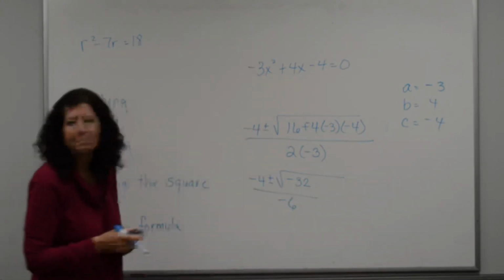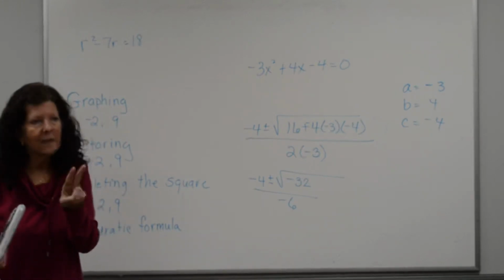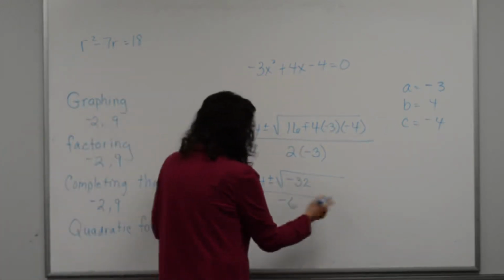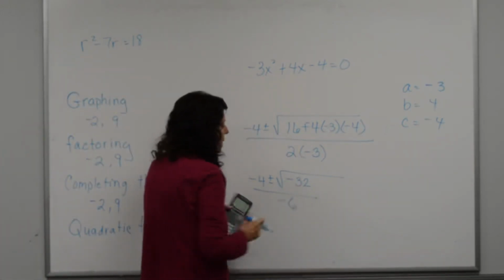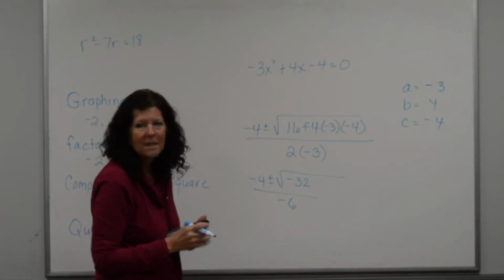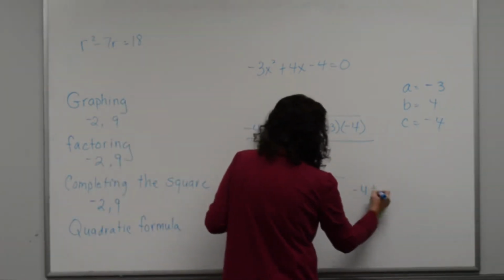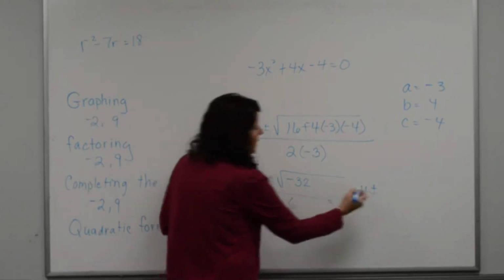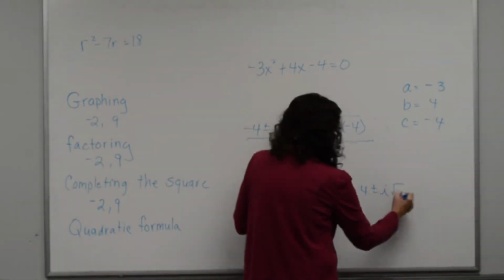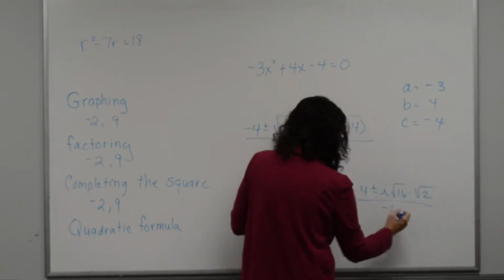What's my discriminant? -32. That means I'm going to have 2 imaginary answers. I'm going to have an i in my answer. So I work on breaking this down. What can I multiply together to get 32? How about 16 and 2? So I have -4 plus or minus, now I've got a negative underneath, so I've got an i, square root of 16 times the square root of 2 over -6.